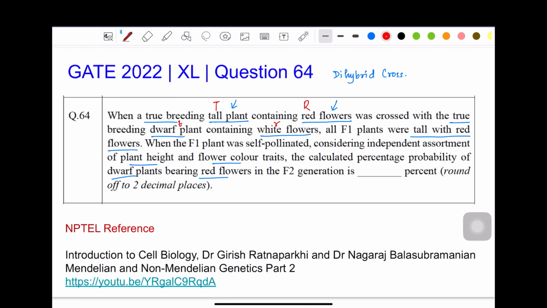And when the F1 plant was self-pollinated, there was independent assortment of the plant height and flower color traits. So it is mentioned here that there was independent assortment, so we are not considering any chance of linkage in this scenario. Now let's see what happened till F1.